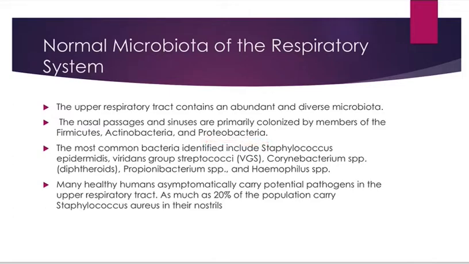The most common bacteria identified include Staphylococcus epidermidis, viridans group Streptococci, Corynebacterium species like diphtheroids, Propionibacterium species, and Haemophilus species. Many healthy humans asymptomatically carry potential pathogens in the upper respiratory tract. As you may know, 20% of the population carries Staphylococcus aureus in their nostrils.